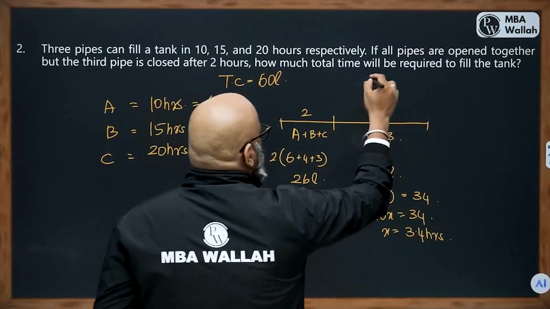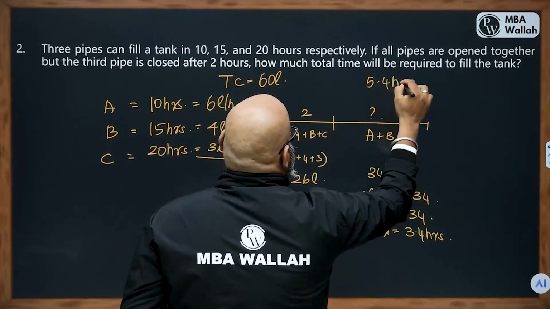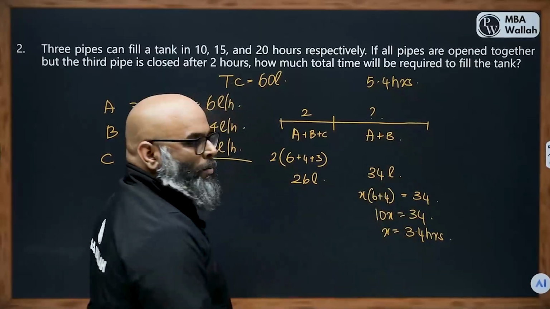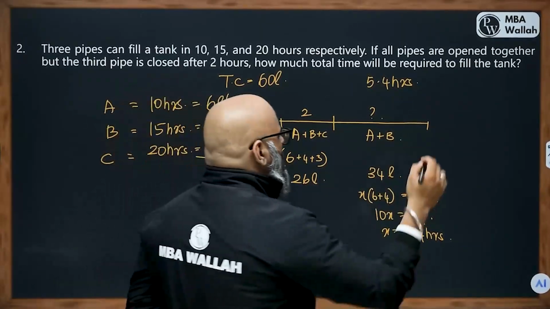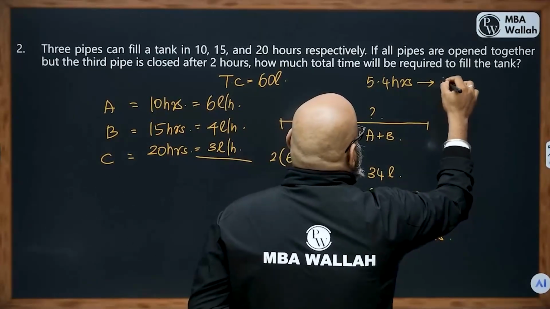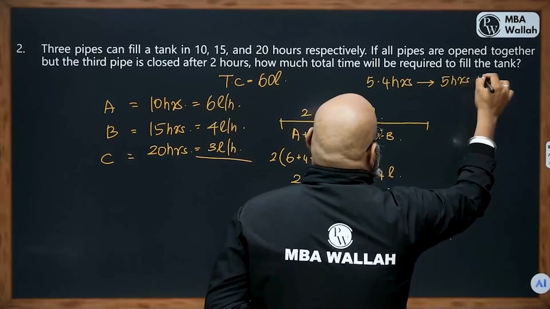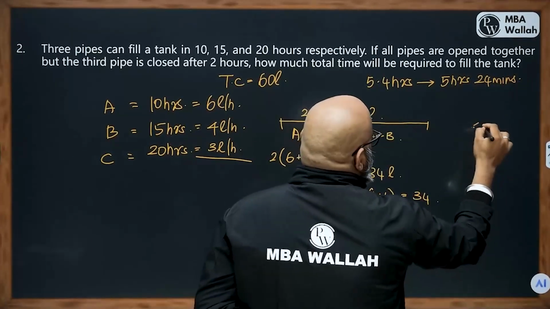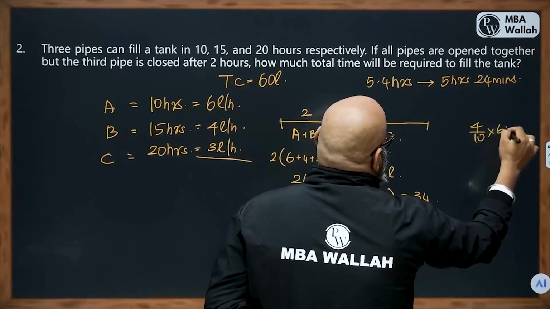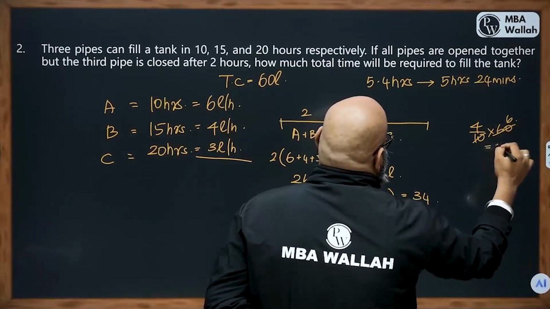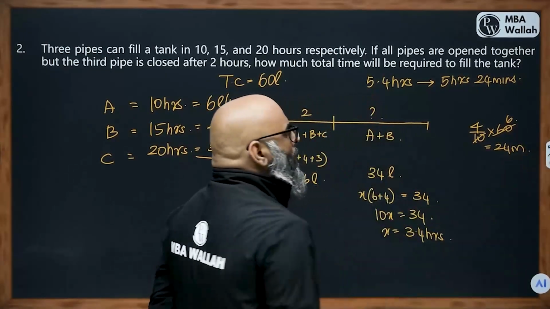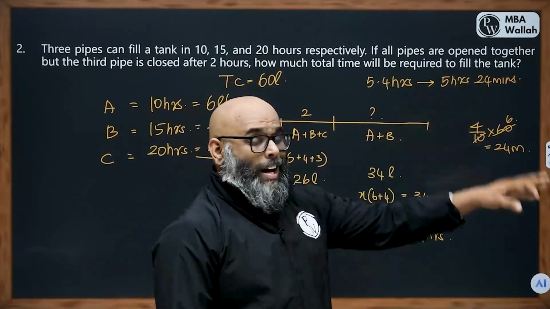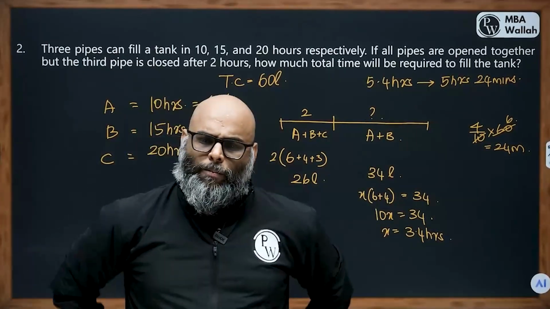That will be a total of 5.4 hours. Or if we have to do it as proper time, this will be 5 hours and 24 minutes. How 24 minutes? 4/10 of an hour into 60 minutes is 24 minutes. So 5 hours and 24 minutes will be our answer.